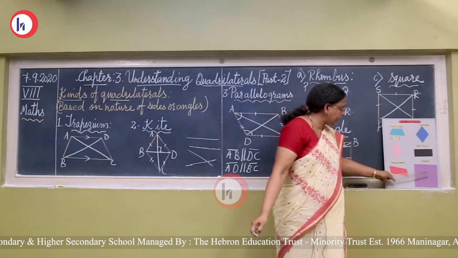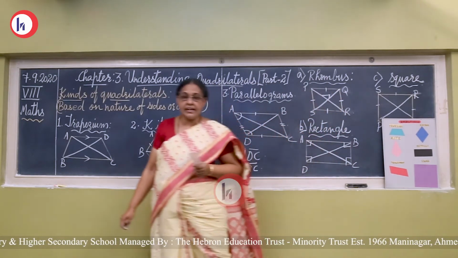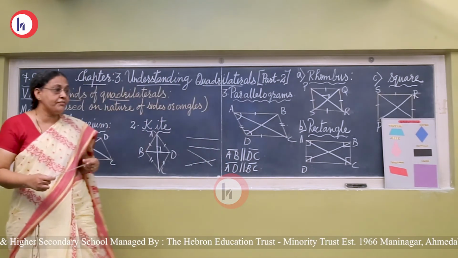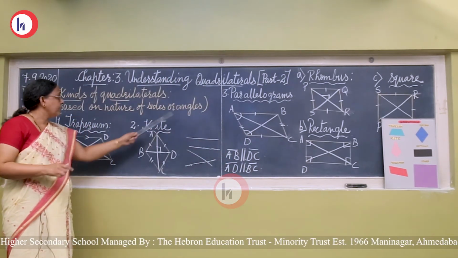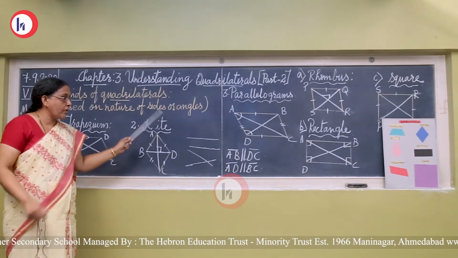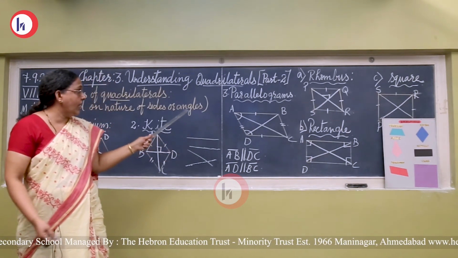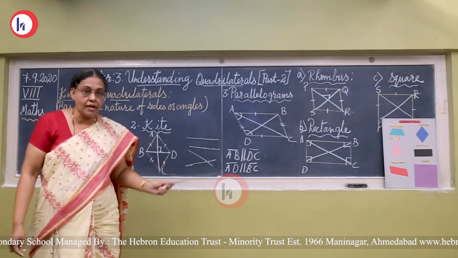That we call a square. So these are the important types of quadrilaterals according to the nature of their angles and sides. You should remember all these properties so that we can continue with solving the sums.